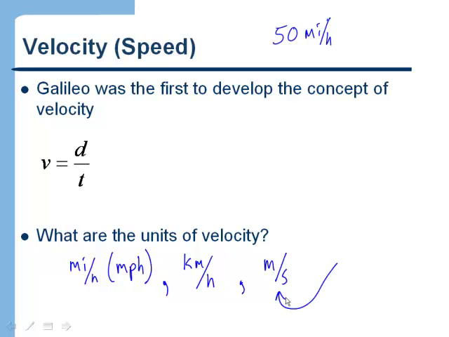So that's the SI unit. And one of the things that you'll notice about that is that that is an example of what we've called a derived unit, which simply means that it is the combination of 2 base units, meters for distance and seconds for time.